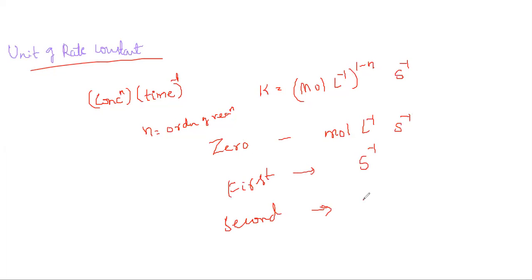So therefore it will be mole inverse liter second inverse. So these are the units of zero order reaction, first order reaction, and second order reaction. So these are all the units of K, that is rate constant.